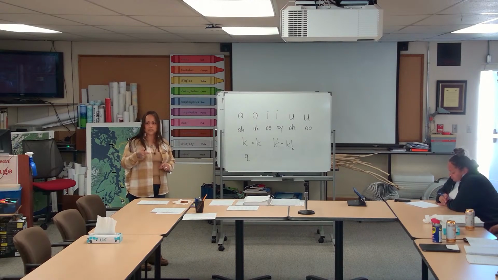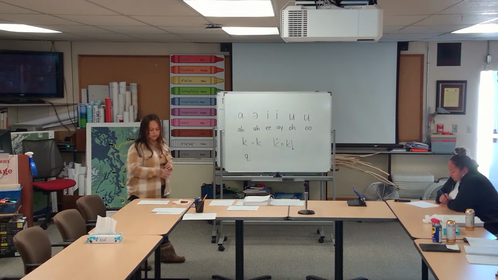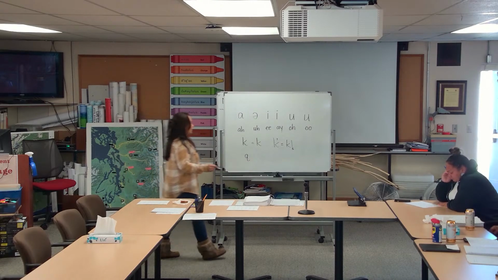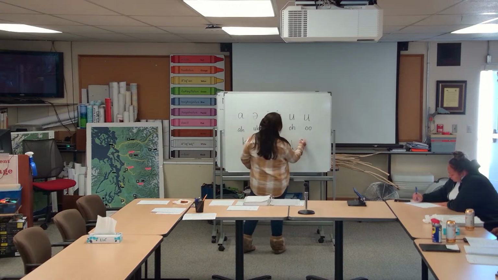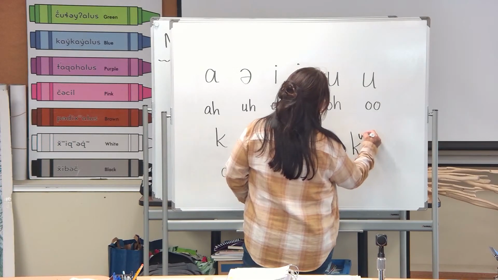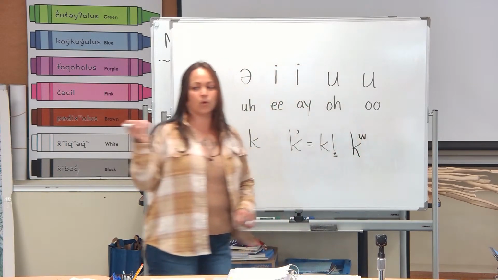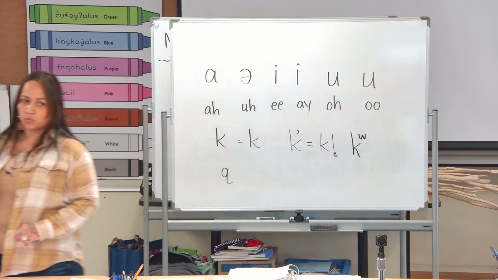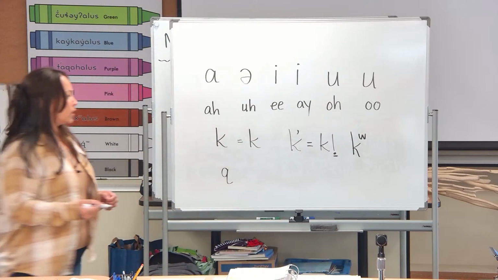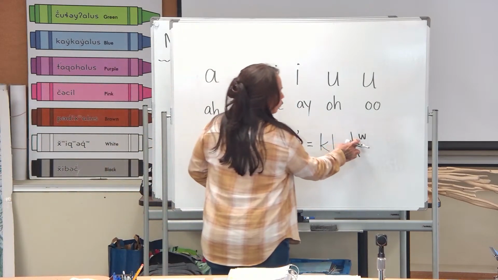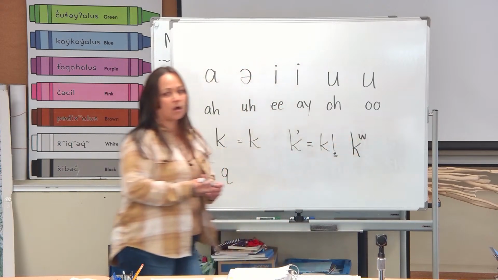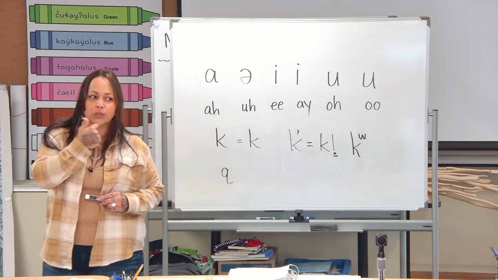Second line, force that out. A, E, A, O, U. Now we have this little flying W. Some people call it a flying W. Some people call it a raised W. What we're going to learn about this letter is that when it is combined with a consonant, you're going to round your lips.